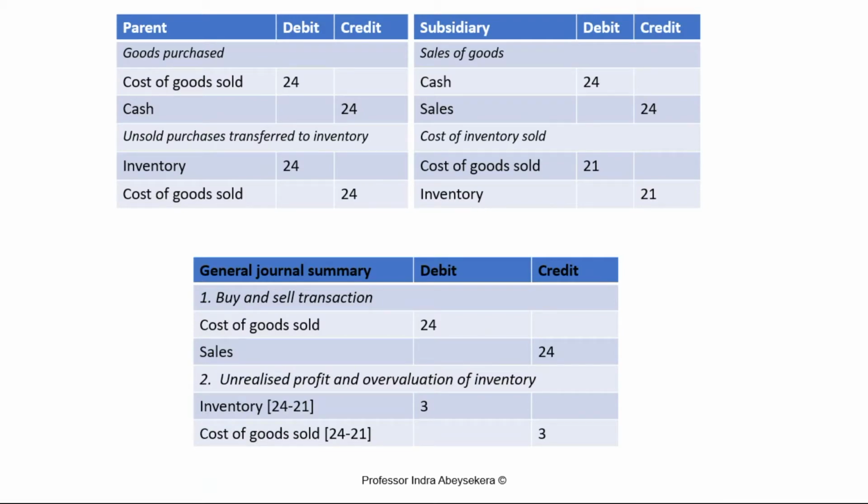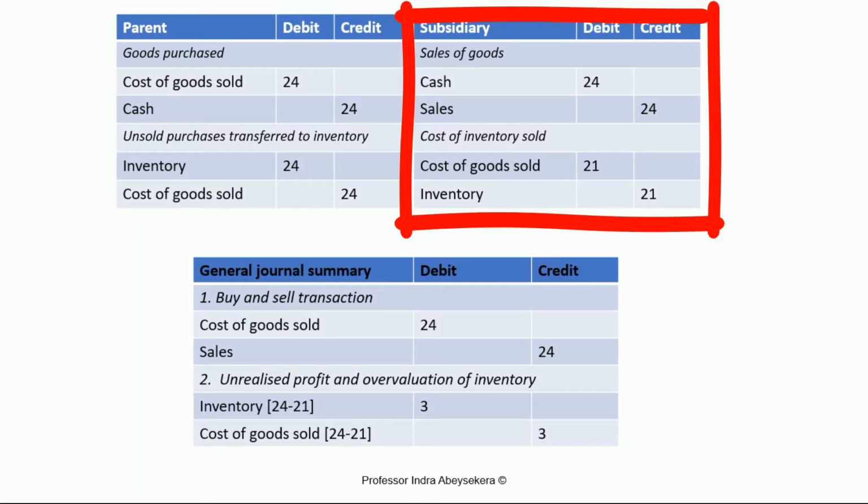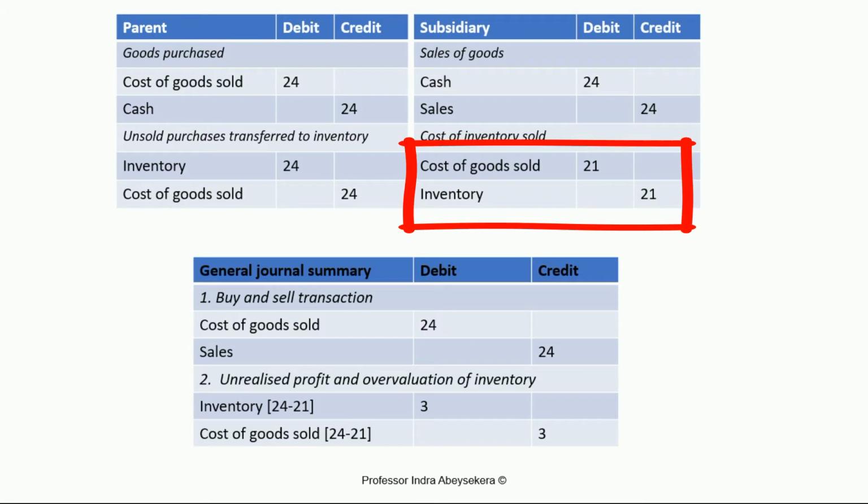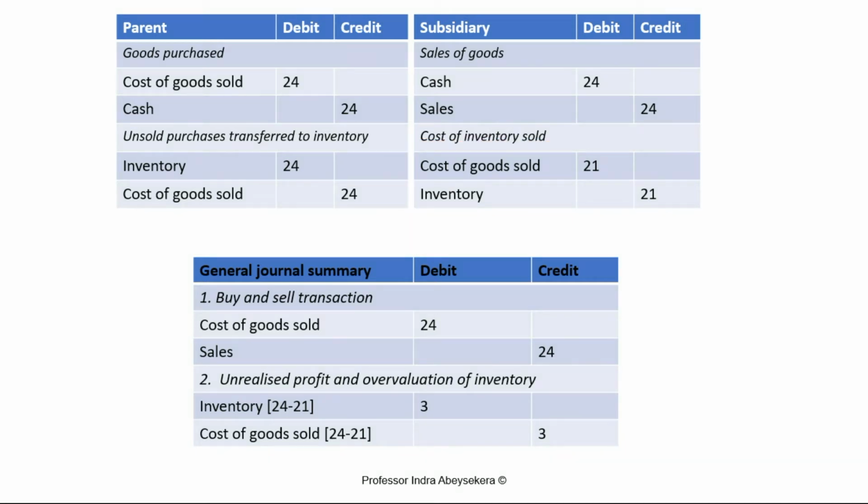We can also understand the consolidation journal entries by looking at the general journal entries. When the subsidiary was about to sell the inventory, it prepared the inventory for the sale. So it credited inventory 21 and debited cost of goods sold to prepare for the sale.